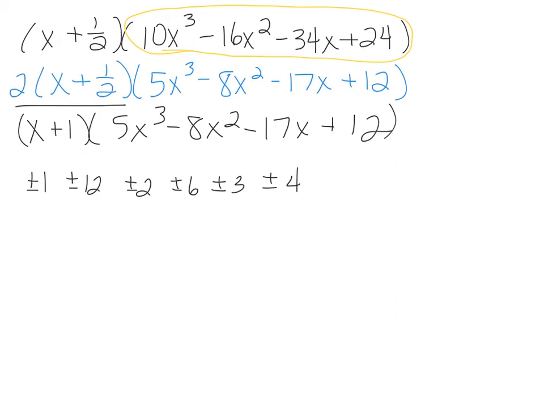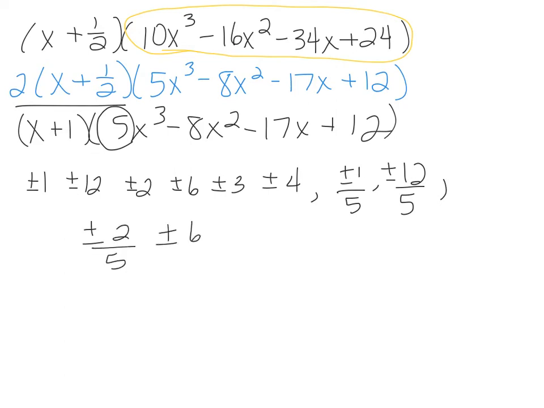Luckily my possible values of the leading coefficient are fewer. So that's all going to be over 1, and then we can do the same thing and put it over 5: 2, 6, 3, and 4. So these are all of my possible zeros.